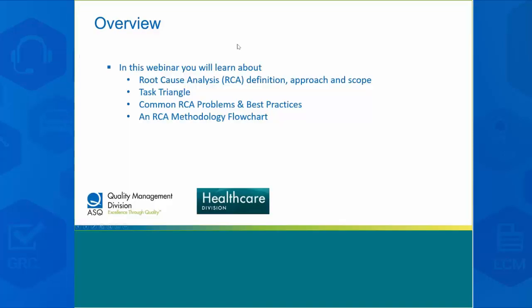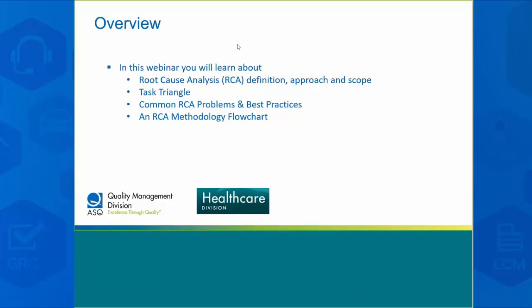So let's do a quick overview. What we're going to talk about today is the definition of root cause analysis. We're going to talk some about approach and scope with respect to root cause analysis. I'm going to hopefully show you the task triangle and spend a little bit of time on that concept.